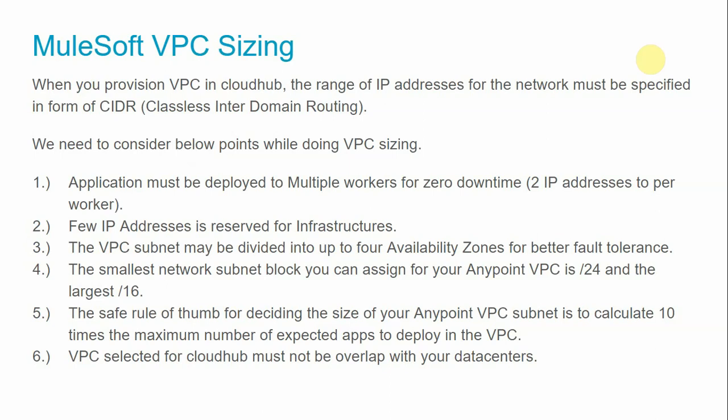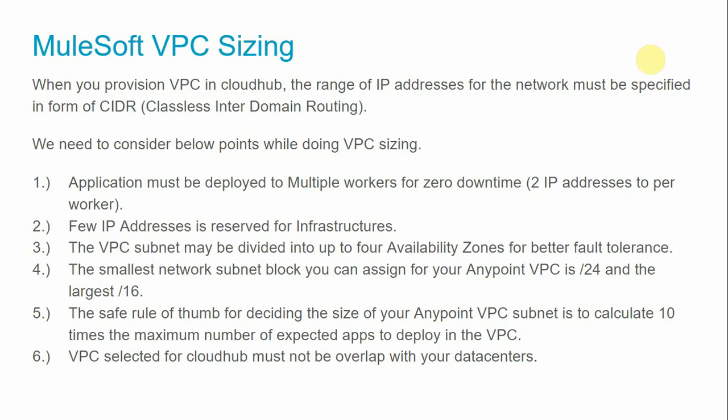The safe rule of thumb when deciding the size of your Anypoint VPC subnet is to calculate 10 times the maximum number of expected apps to deploy in the VPC. If you want to deploy 100 applications, you should consider that there can be 1000 applications in the future. That is how you can calculate your VPC.